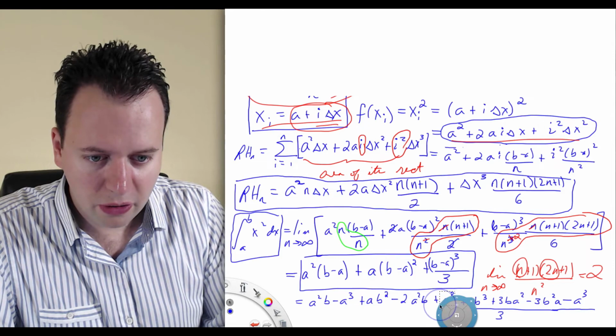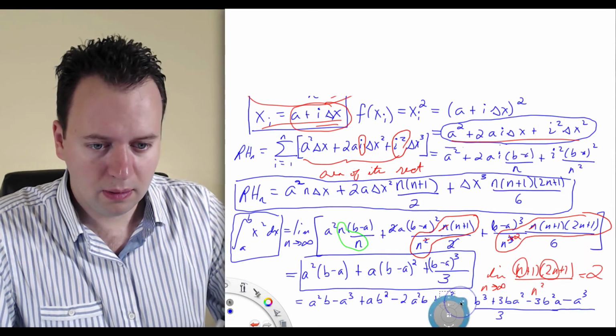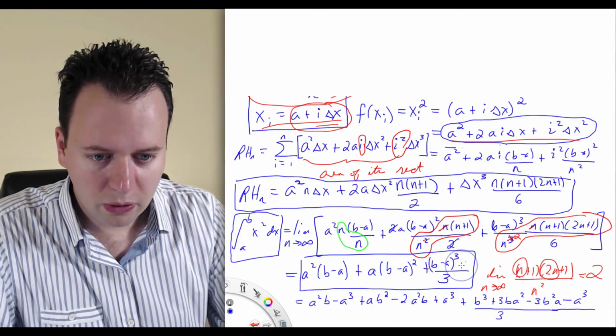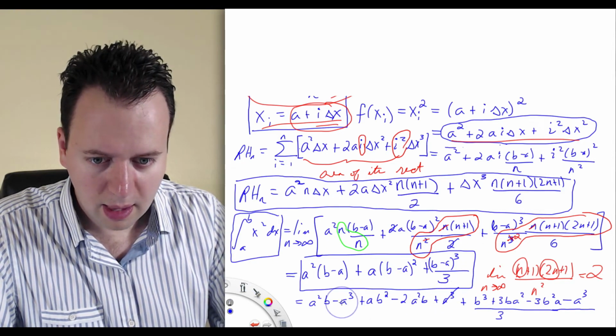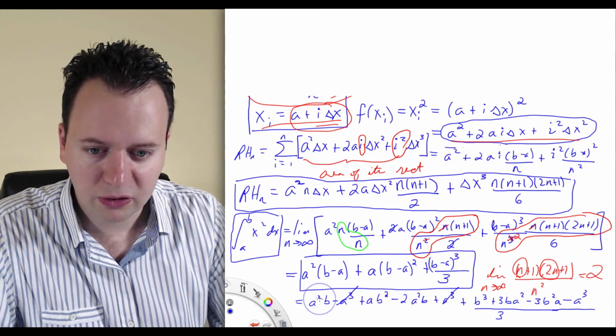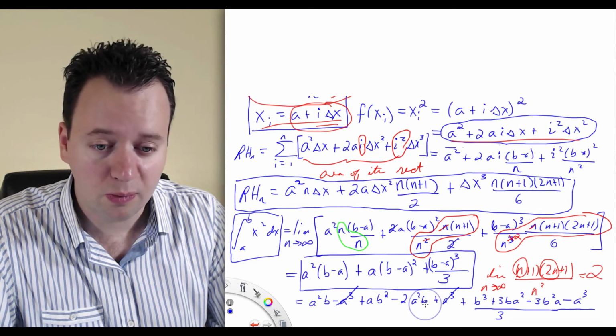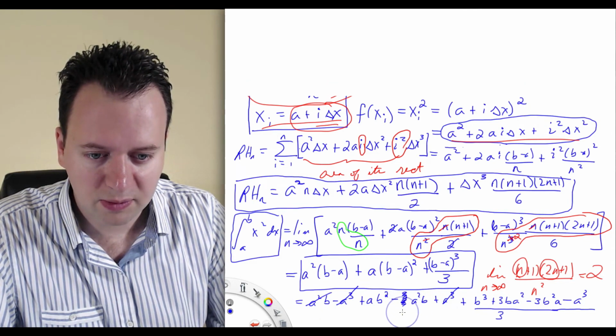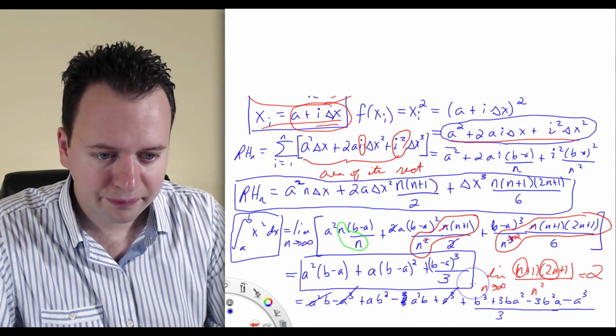Here we have an a cubed. So a cubed and minus a cubed. A squared b, so we have a squared b minus 2a squared b, so a squared b minus 2a squared b just becomes minus 1a squared b.